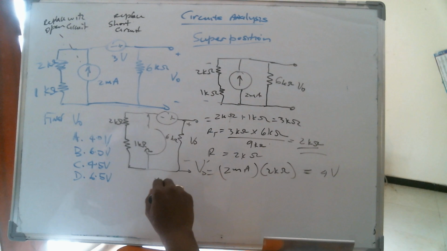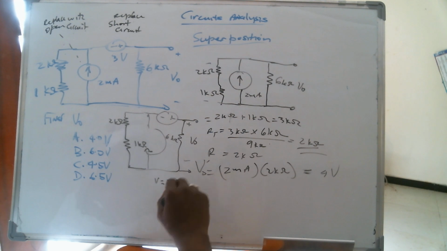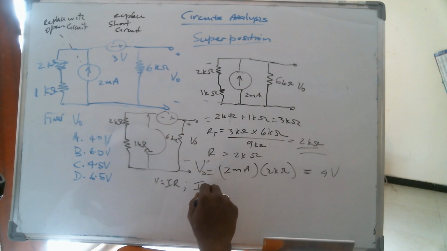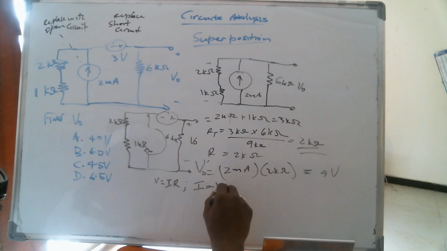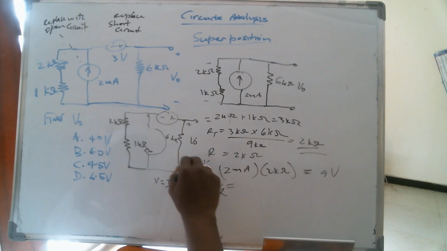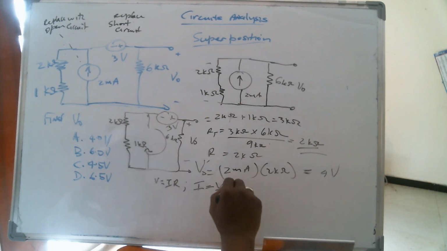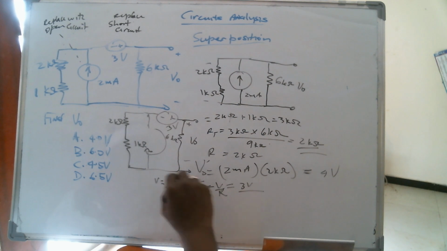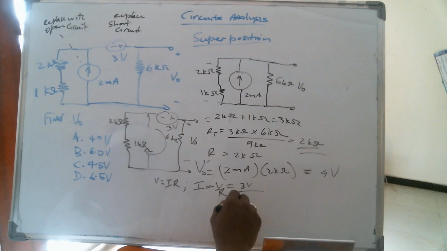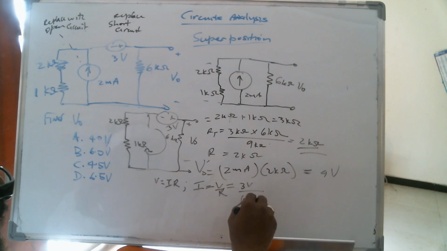V equals IR, right? So I is equal to V over R, correct? What is V? In this case, this is a 3 volt source. So this is 3 volts divided by the sum of the resistance, which is 6K plus 2K plus 1K.